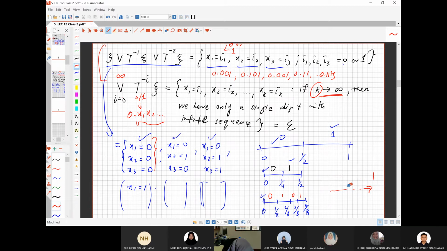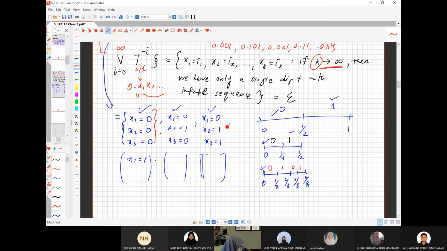Okay, you fixing all. That is the largest partition. Senang kata bila kita join banyak-banyak kali, kita akan dapat sama dengan epsilon.